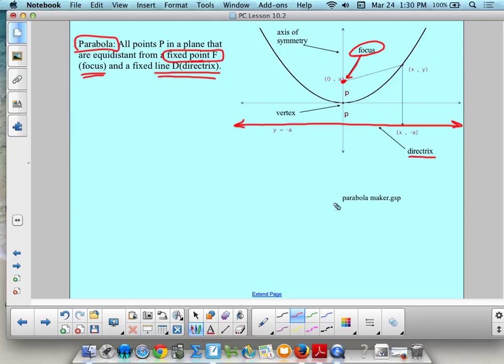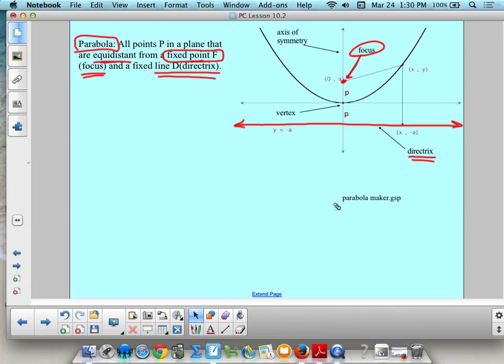That's the directrix. Okay. Now, I'm going to read it one more time to you. It says, all the points P in a plane that are equal distance from the fixed point F and the line D. They're the equal distance.